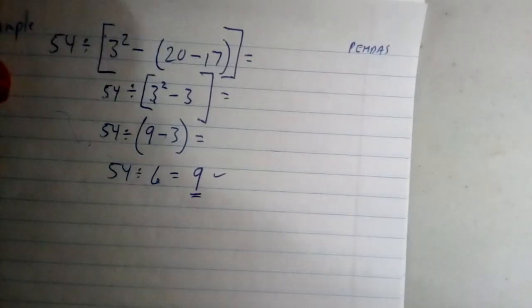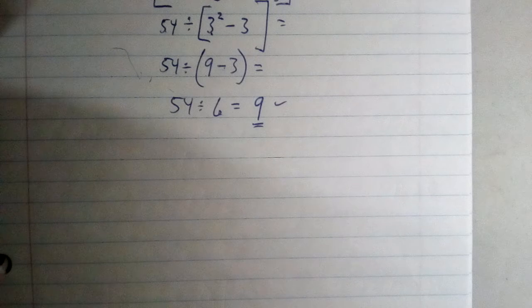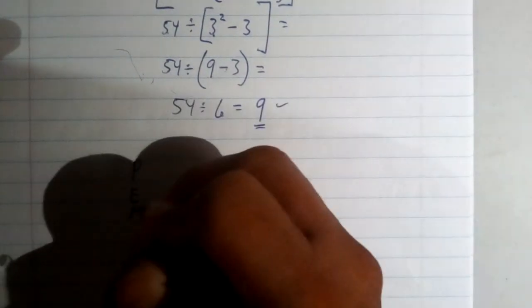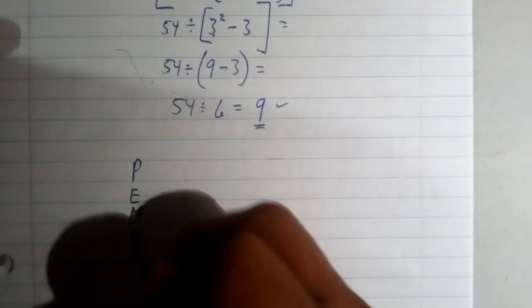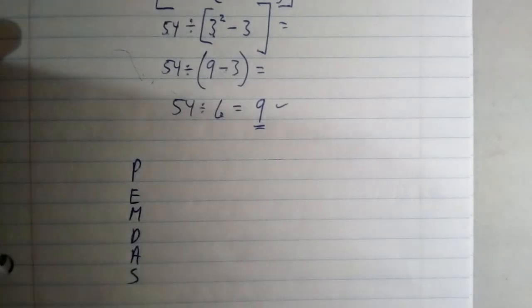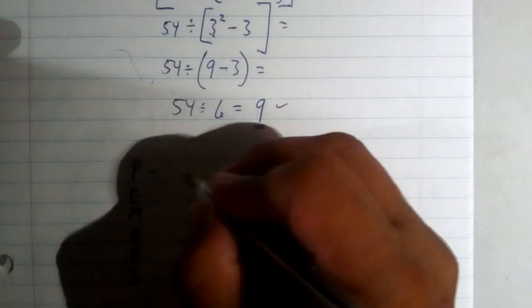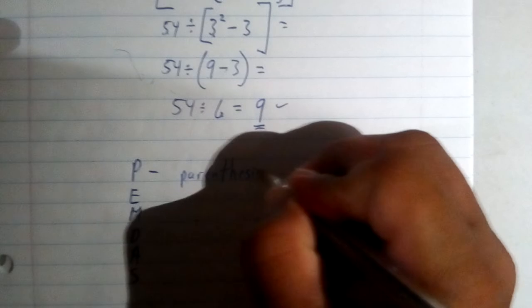So for this type of problems, let's summarize it again. PEMDAS, P E M D A S. You must do anything which is in parentheses first. Then you do exponents.